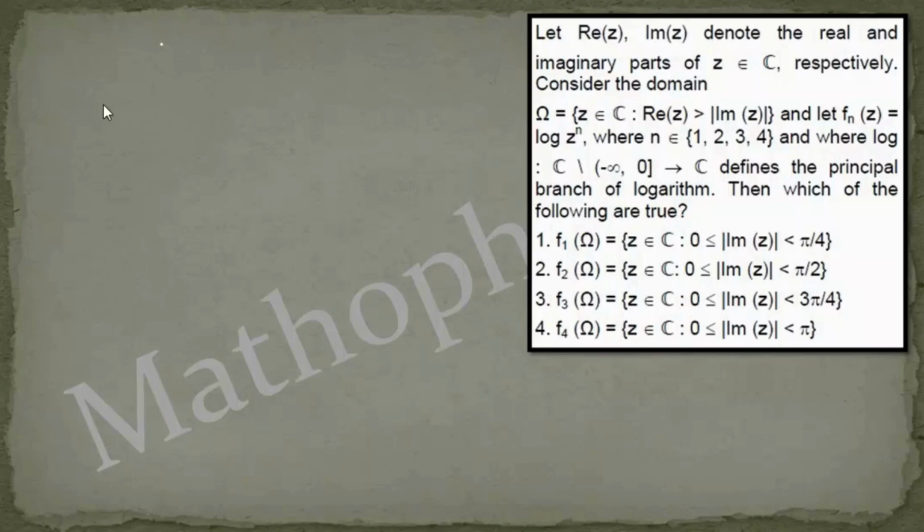To find which is true, first we need to simplify a little. We considered two important sets: omega, z belongs to C such that the real part is greater than modulus of imaginary part, and f_n of z equal to (log z) power n.